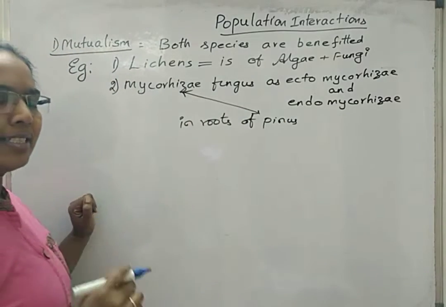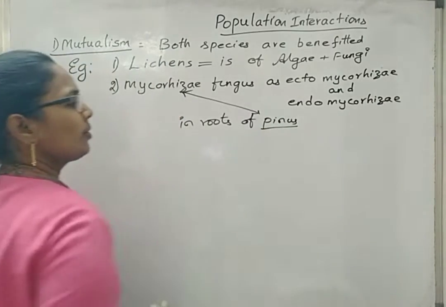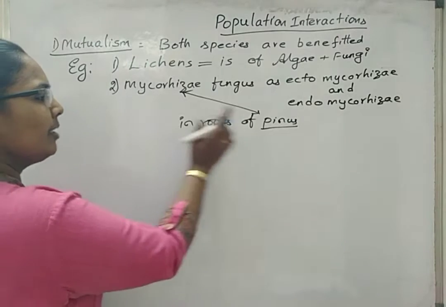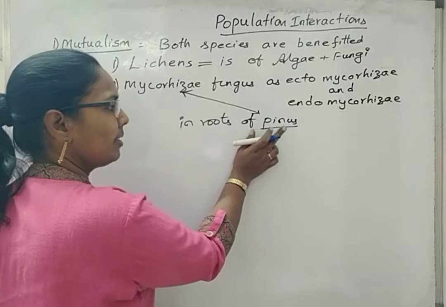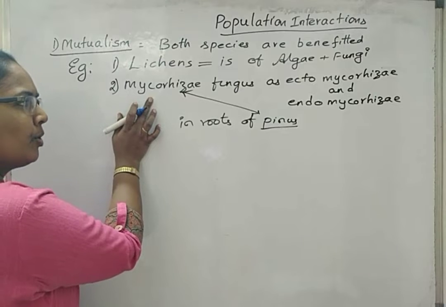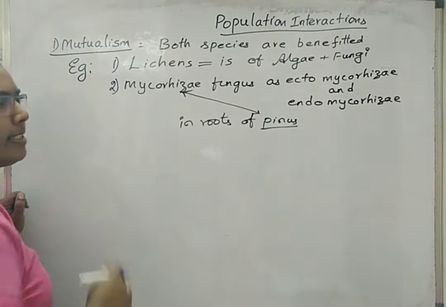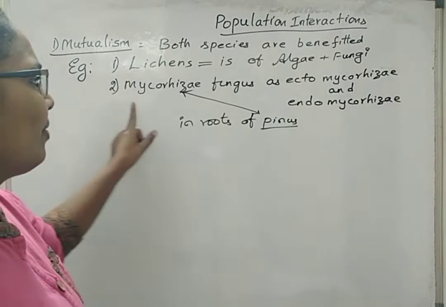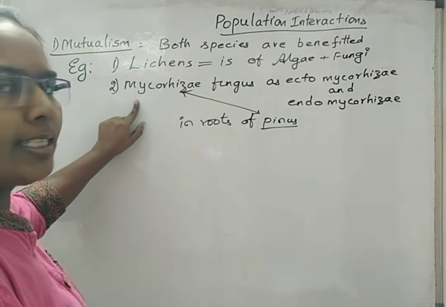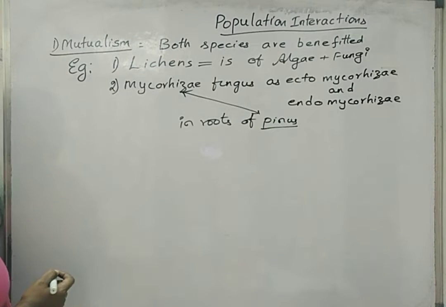Mycorrhizae help in fixing nitrogen from the air, because the area where pinus plants grow is nitrogen deficient. So mycorrhizae fix nitrogen and provide it to the pinus plant. The pinus plant in return gives carbohydrate biomolecules, ready-made energy, to the mycorrhizae for its survival. So both are examples under mutualism.